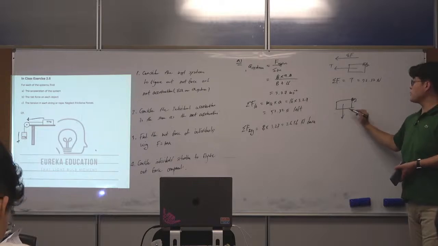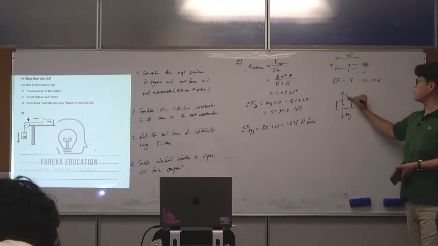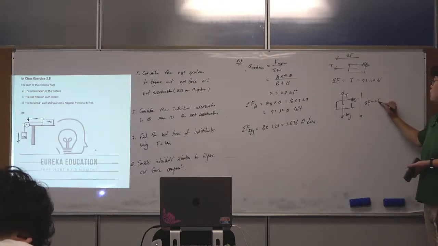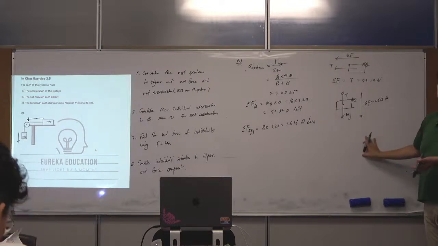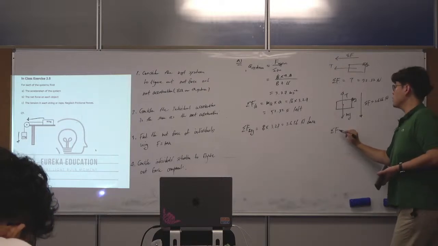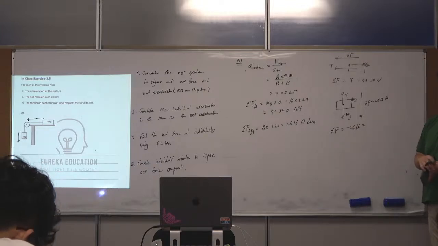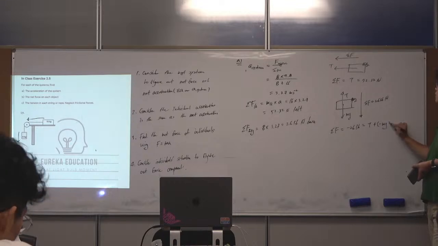Or we can do the same method for the box, the 8 kg. Consider this: it has the weight force, mg, pulling it down, and we have a tension force pulling this up, but the net force in this system is what? Going downwards, 26.16 Newton down. So net force is negative 26.16, which equals T plus minus mg.